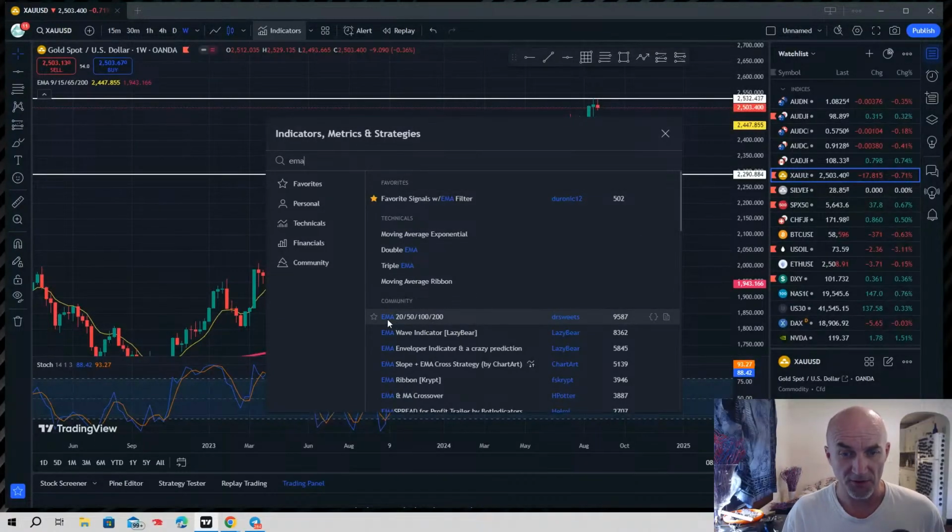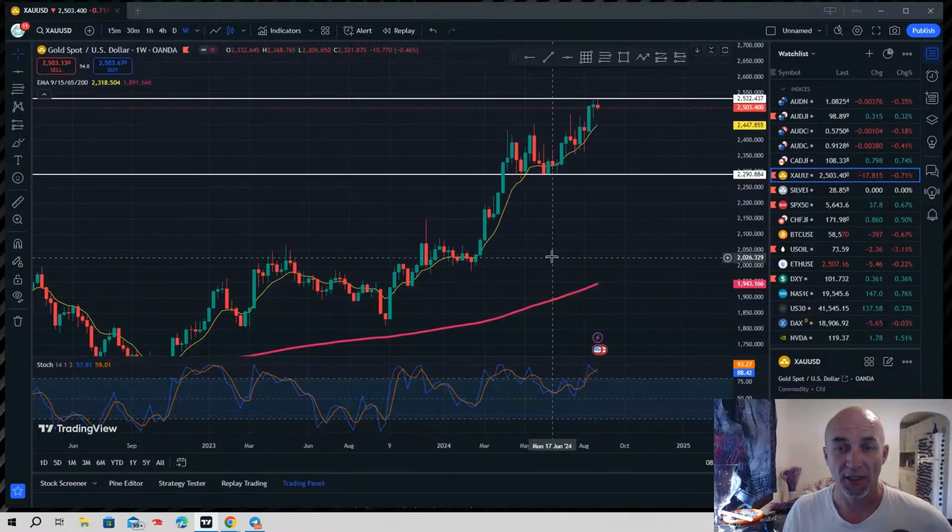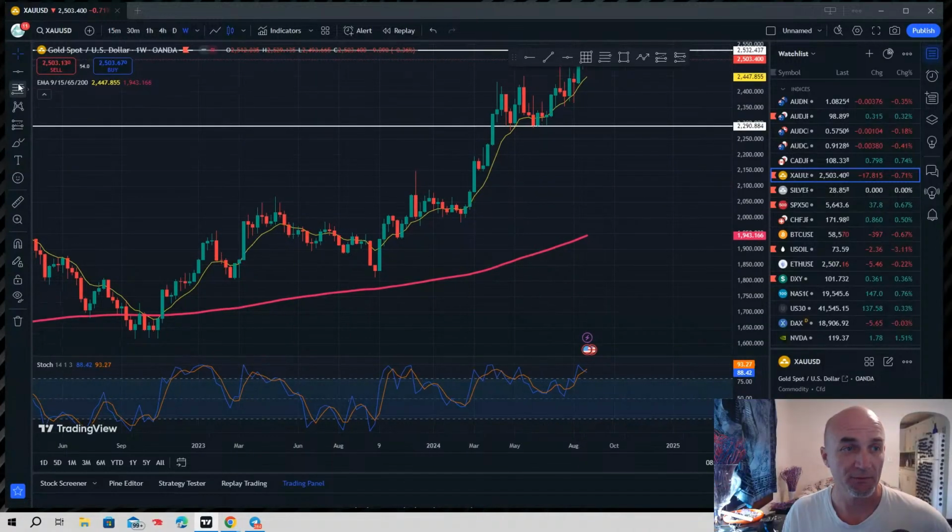But here's one like a 20, 50, 100, and 200. So you have a line at the 20-day moving average, you have a line at the 50-day moving average, you have a line at the 100-day moving average, and you have a line at the 200-day moving average. What I have showing, I have the 9, 15, 65, and the 200.